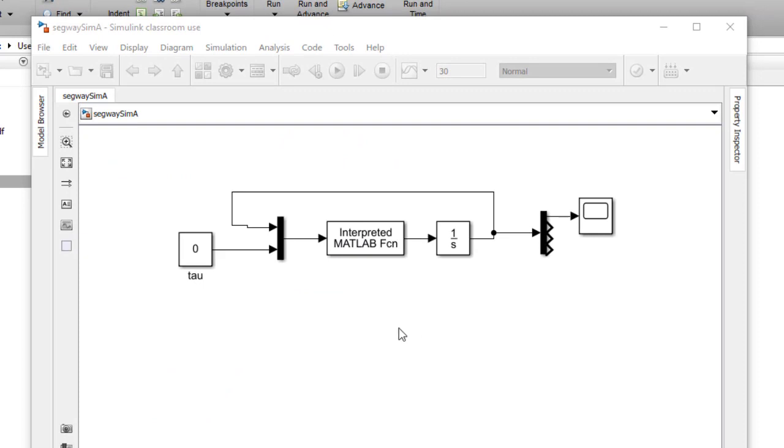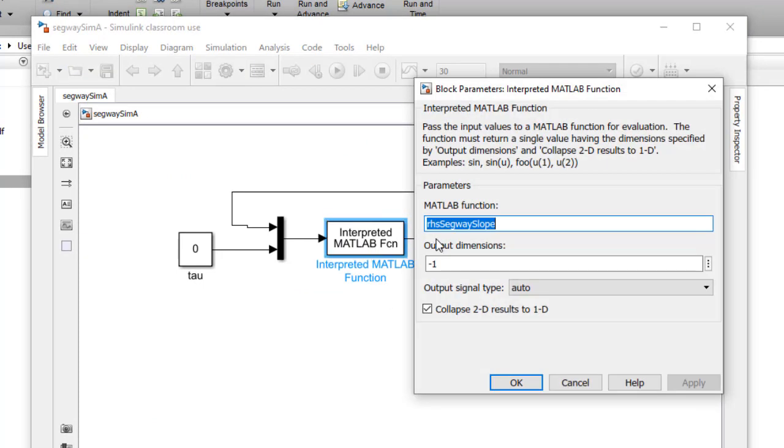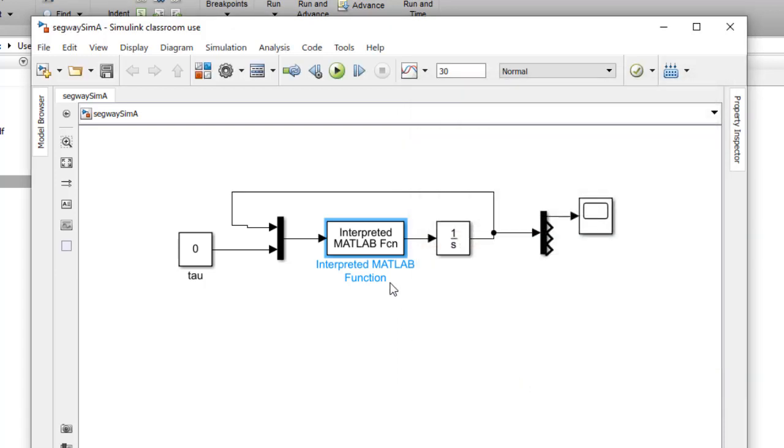Now here we have our Simulink model again. There's that interpreted MATLAB function. We double click on that, and it has RHS Segway Slope in there. So it's calling this custom user function that we defined and putting it in the loop. Also, coming out of the integrator is the state, and we've got a scope that pulls the first state off.